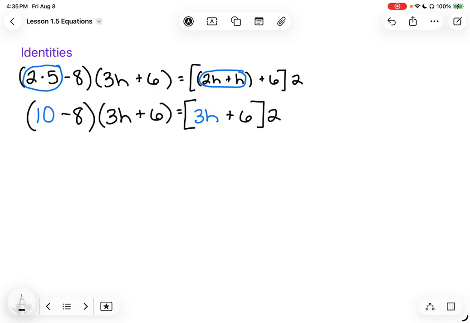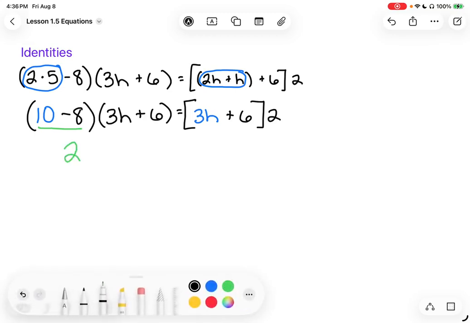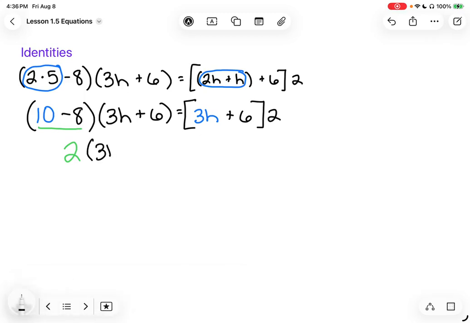Okay, great. So what can we do next? Well, the 10 minus 8 can be subtracted. Those are like terms, so that'll give us a 2. And once we do 10 minus 8, we don't need the parentheses anymore. We've got that 3h plus 6 next, equals.